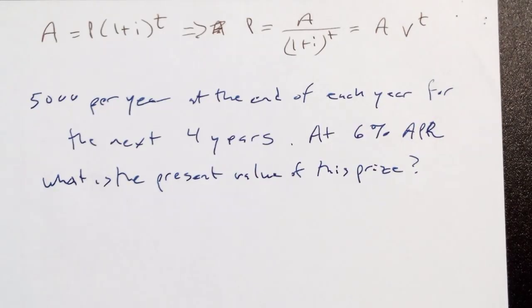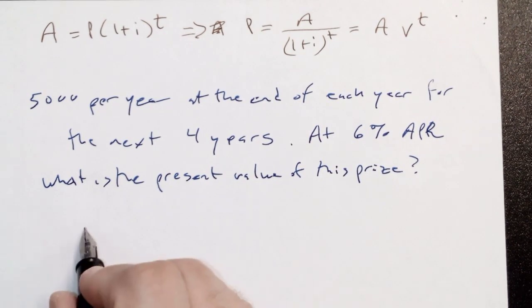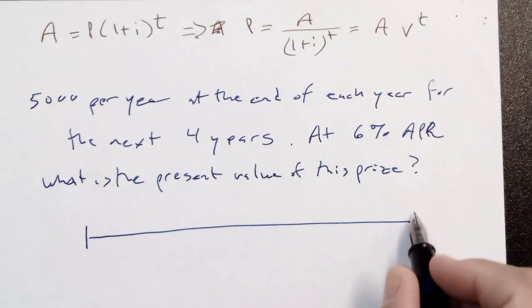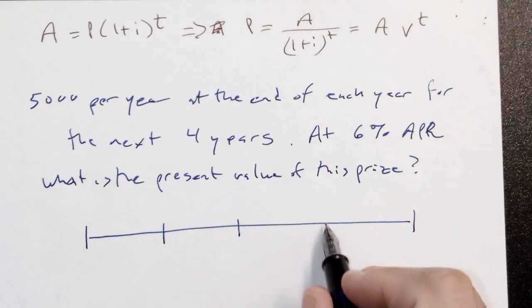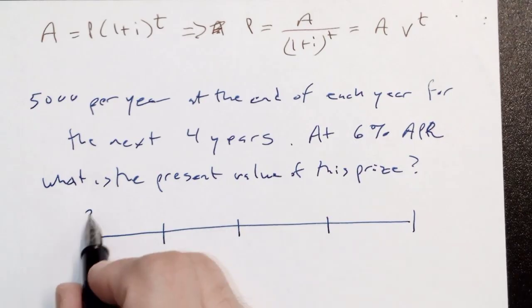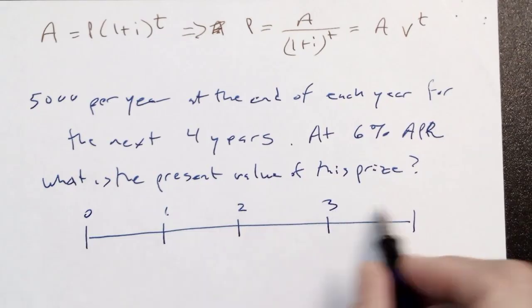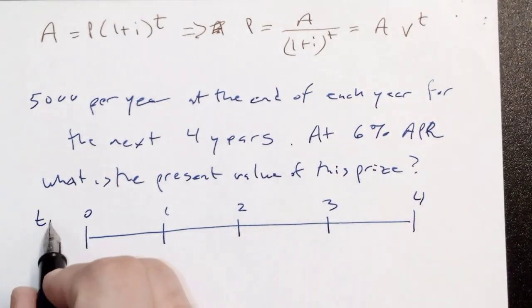How much do I have to put in the bank right now? Well, let's do some visualizing. Here's today. Here's a year from now, 2 years from now, 3 years from now, 4 years from now. This will be time.